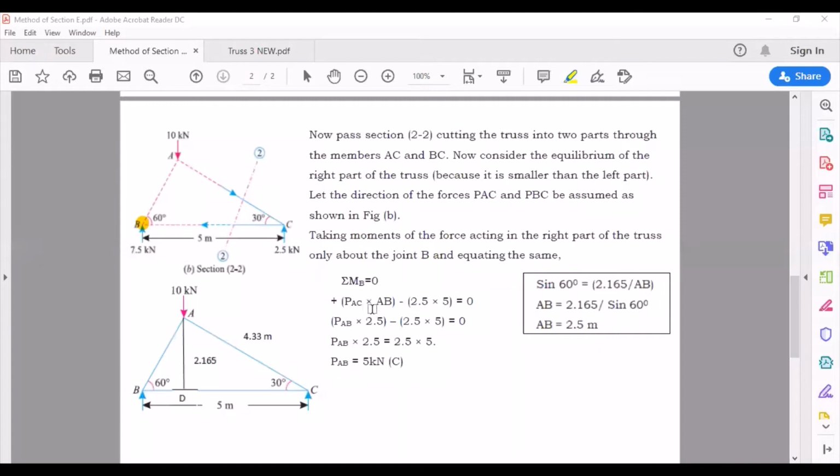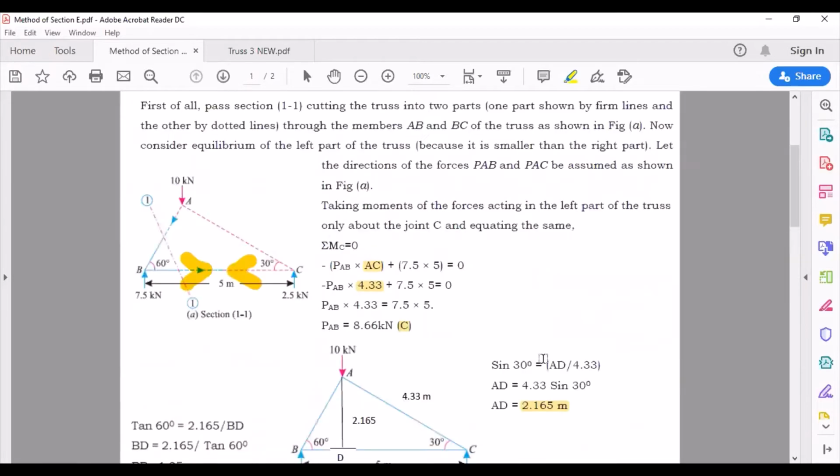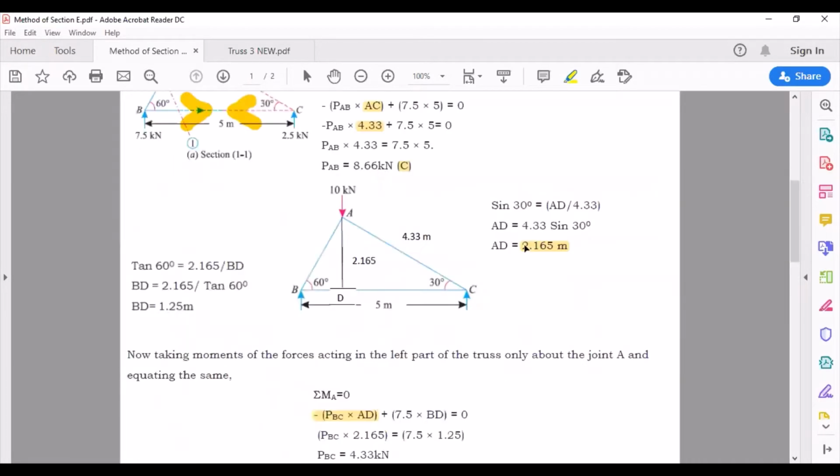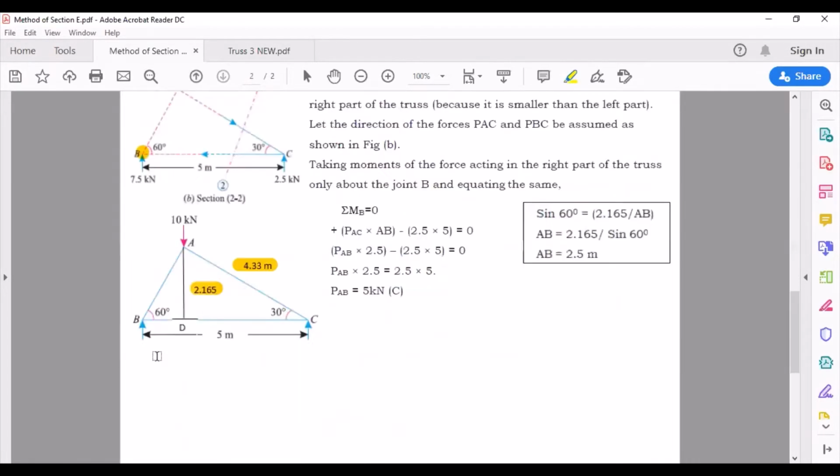Now my next work is to calculate AB. I do not know this distance AB, so the first thing is I am supposed to calculate distance AB. I'll form a triangle here, ABC. These two distances I have already calculated in the previous steps, that is 4.33 and 2.165.